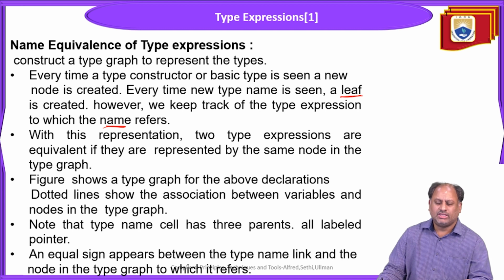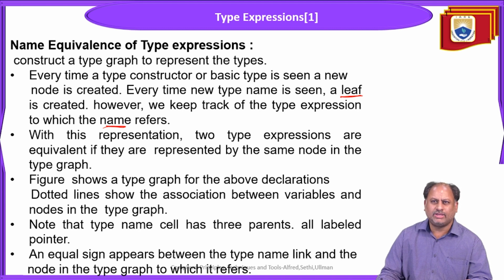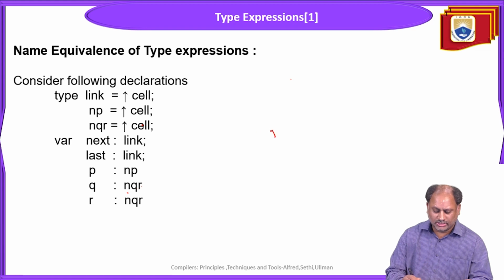So here, if any two type expressions are representing the same node, that means previously we have seen a pointer to cell, so we check whether it is referring to the same node or not.